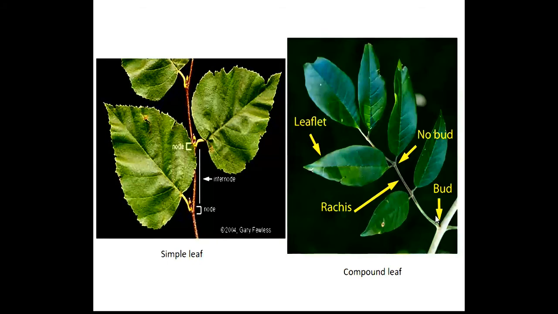Look, in case of simple leaf, this is the petiole, and in case of compound leaf, this is the petiole only. As this is the simple leaf, the bud will be present in this axillary position.